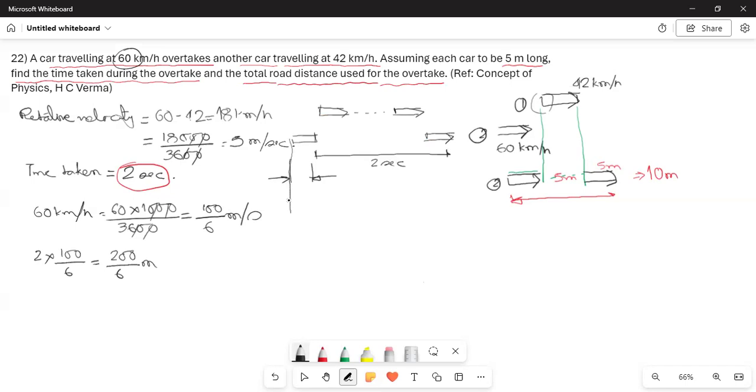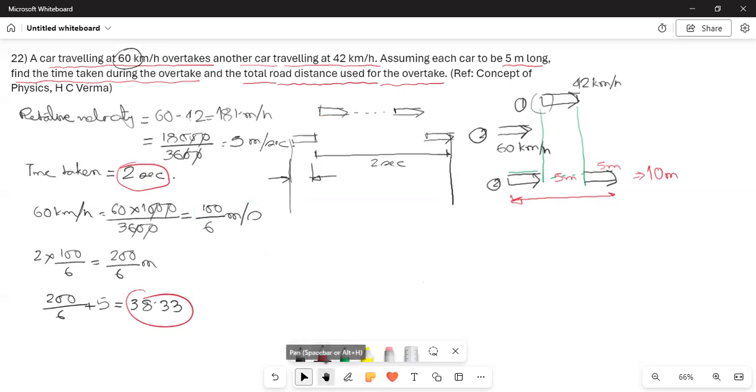So it will be 200 by 6 plus 5 meters. If you calculate, it will be 38.33 meters. Total road distance. Okay.